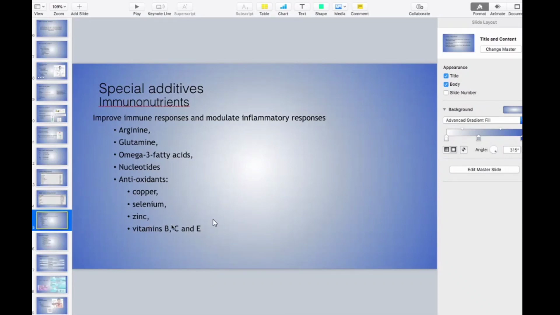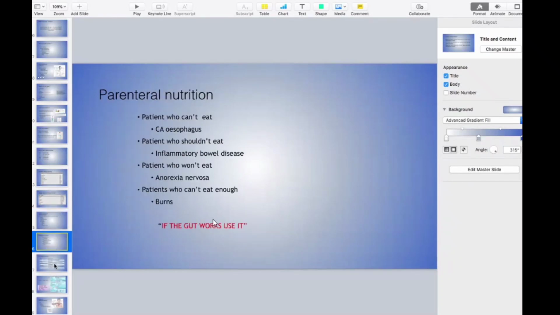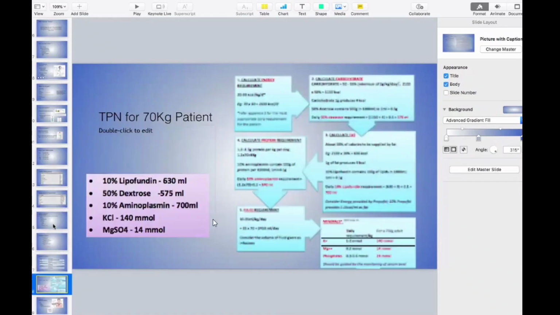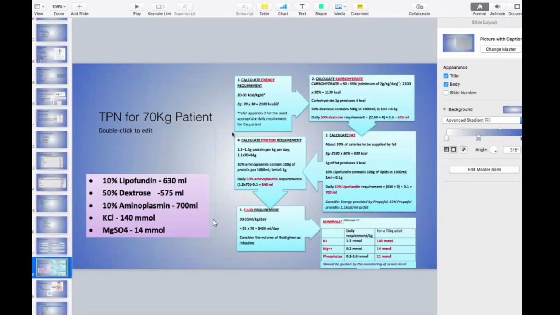If you are giving IV you can't do that, but you might have to combine IV and oral both. And this is a simple TPN calculation for a 70 kilogram patient.